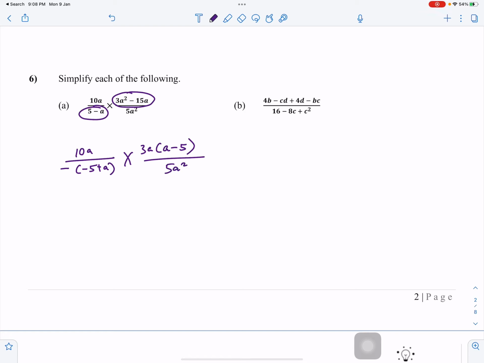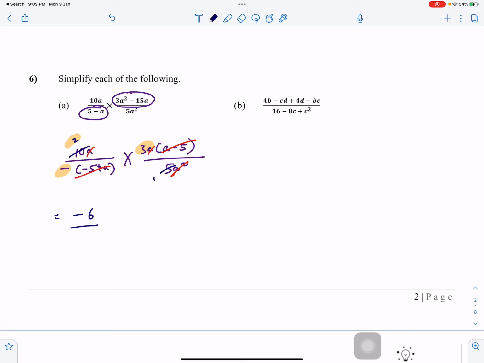Realize that over here I can cancel this 2, and I can cancel this 2 with this one. Numerator and denominator can cancel away. So this answer is just 2 times 3, 6, but there's a minus sign somewhere here. You got minus 6 over there.